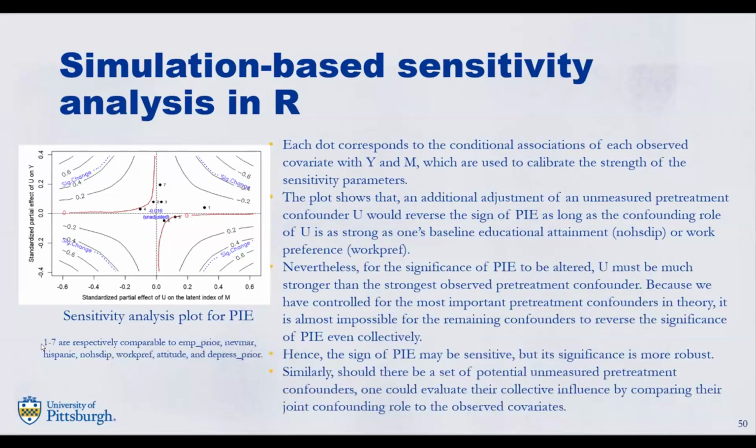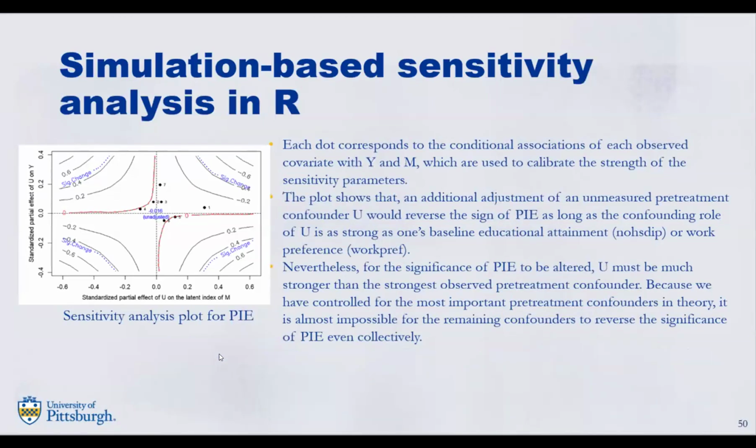I show it here. So after running the analysis in R, R will tell you what those dots are. 1 to 7 are respectively comparable to prior employment status and the other covariates, those are the covariate variable names in your data.